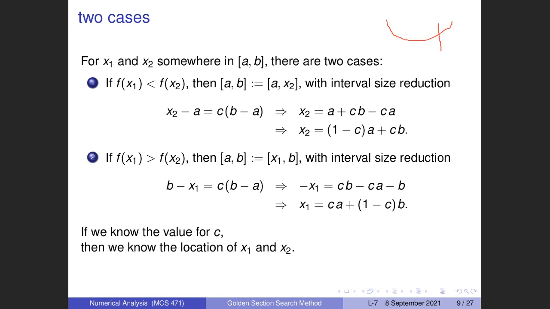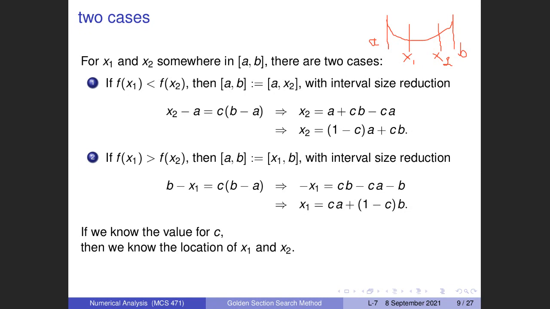We have a, this is b, and here we have x1 and x2. You can see on this very crude picture that x2 is larger than x1. So we are reducing the interval to a x2.